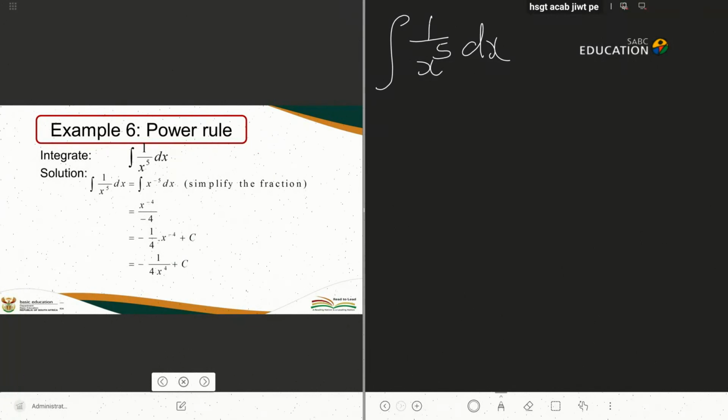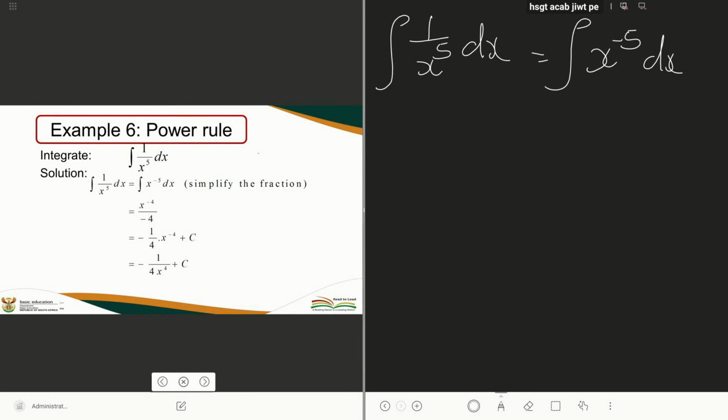No, because when it's simplified, it does not give us that 1 over x. If it does not give us that 1 over x, what do we do? Try to change this into your power form. Then we can say this is the integral of x to the exponent of negative 5 dx.